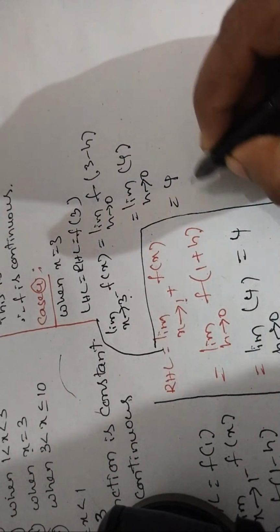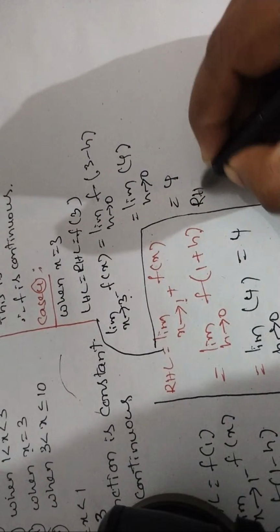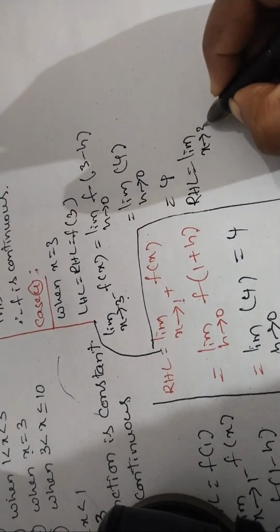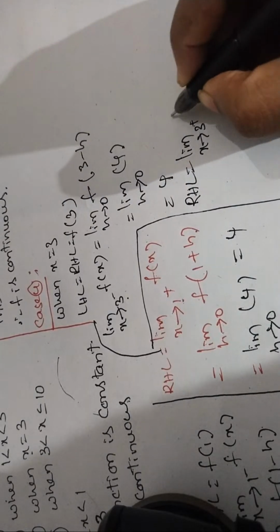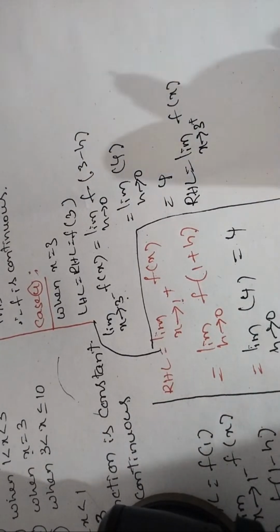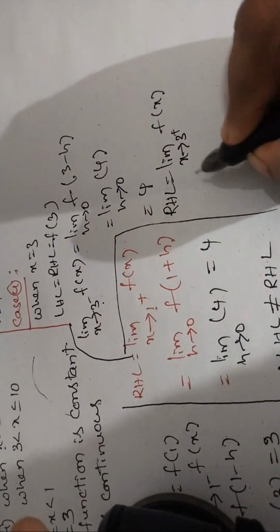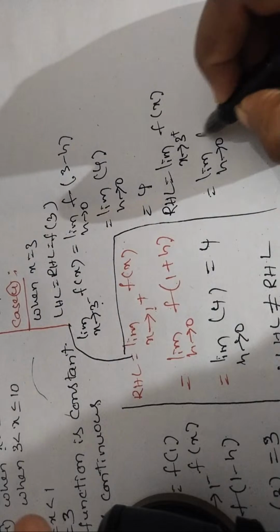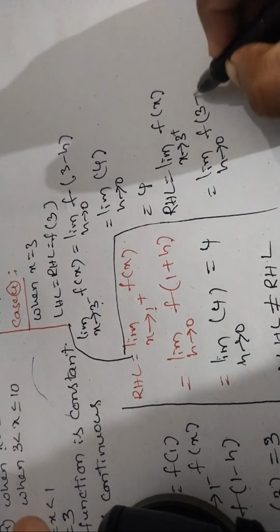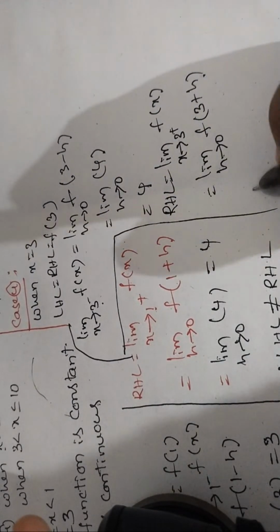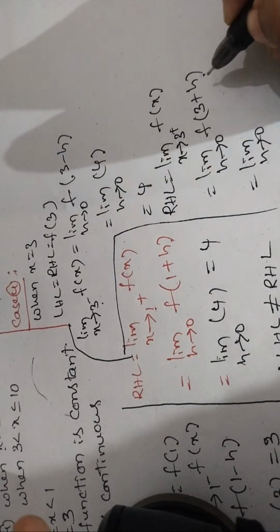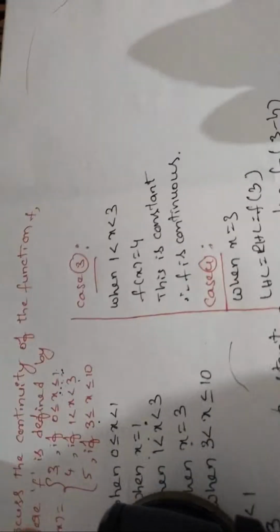Now write RHL. RHL is equal to limit x tends to 3 plus f of x, that is limit h tends to 0 of f of 3 plus h. Now 3 plus means greater than 3.